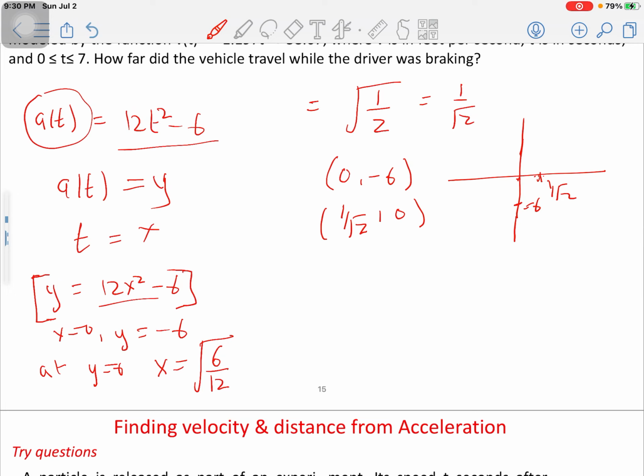And since it's a quadratic function and also a minimum function because the coefficient here is positive, we can plot it like this one.